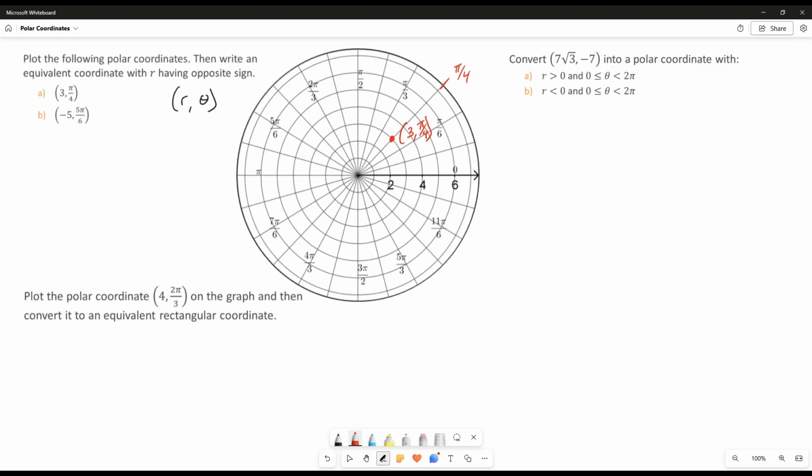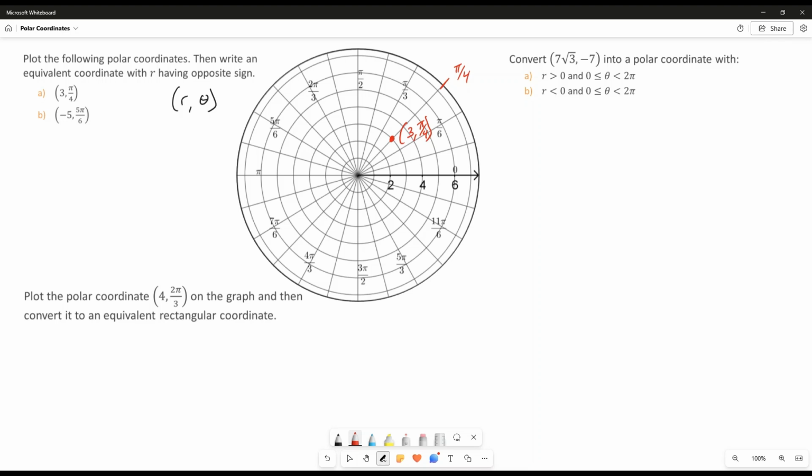All right. So our second point is negative 5 comma 5 pi over 6. So this one's a little different because we have a negative radius. So normally if you thought of x being to the right, a negative x value would be in the opposite direction, to the left.